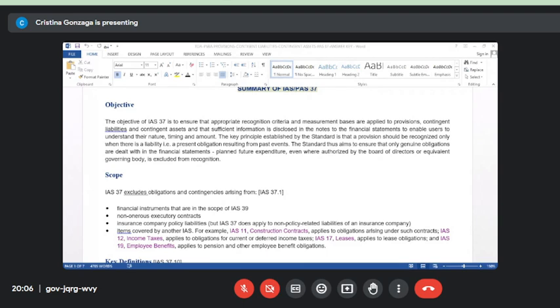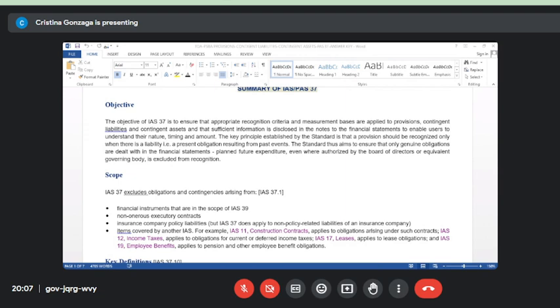In PAS number 37, provision is defined as an existing liability of uncertain timing or uncertain amount. Remember, the word is or. It should be uncertain timing or uncertain amount, but cannot be both.